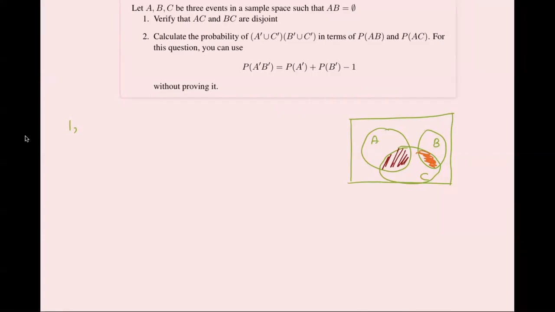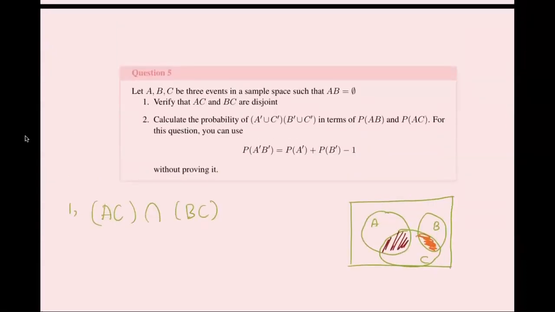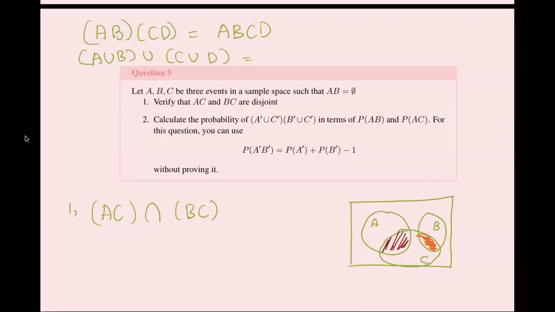Another way you can do it is look at what is AC intersect with BC. And here we can use that if you have AB intersect with CD, then it turns out to be just A intersect B intersect C intersect D. Or if you have A union B and then union C union D, then you can just remove the brackets and union everything together.